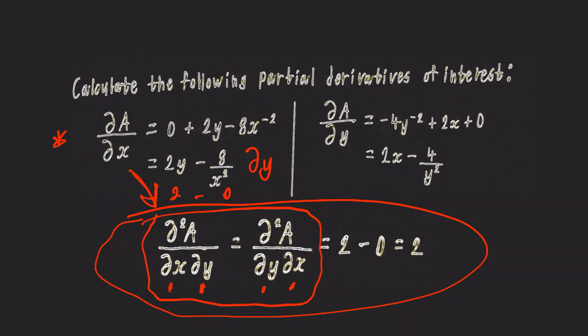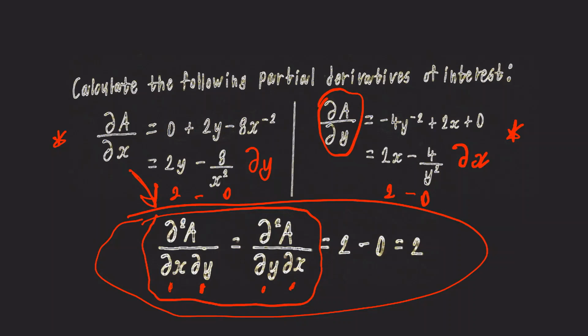And the other way around, where now we're differentiating ∂f/∂y with respect to x to create the other mixed partial derivative. And then it turns out, well, 2x, if we differentiate that with respect to x, it's just going to give us 2. And then this whole thing is again a constant, so it's 0.